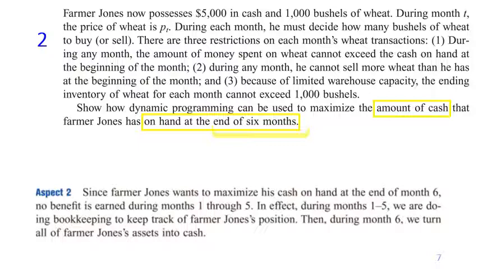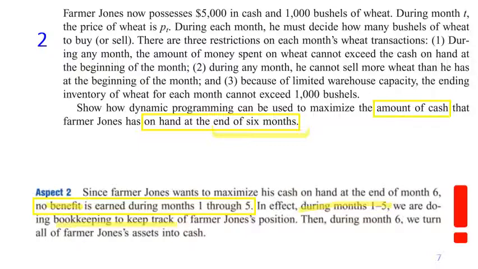That is what you would like to maximize. In other words, we do not have any benefit during months 1 through 5. So during months 1 to 5, what we do, as I said before, we just do the bookkeeping to keep track of our cash position. So this is very important.